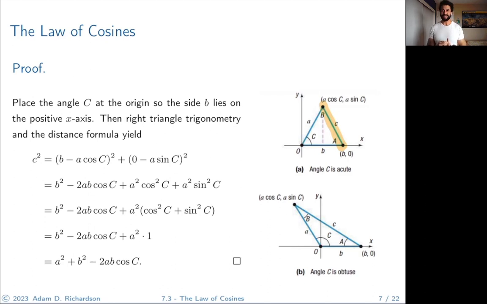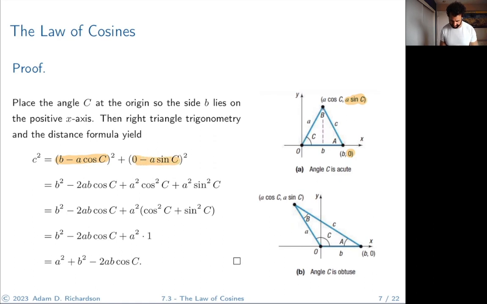So the difference between the x coordinates of those two points is right here. a cosine C is this x coordinate, and b is this x coordinate. So the difference between those x values is b minus a cosine C. And then the difference between the y coordinates, I keep saying distance and difference. a sine C and 0.